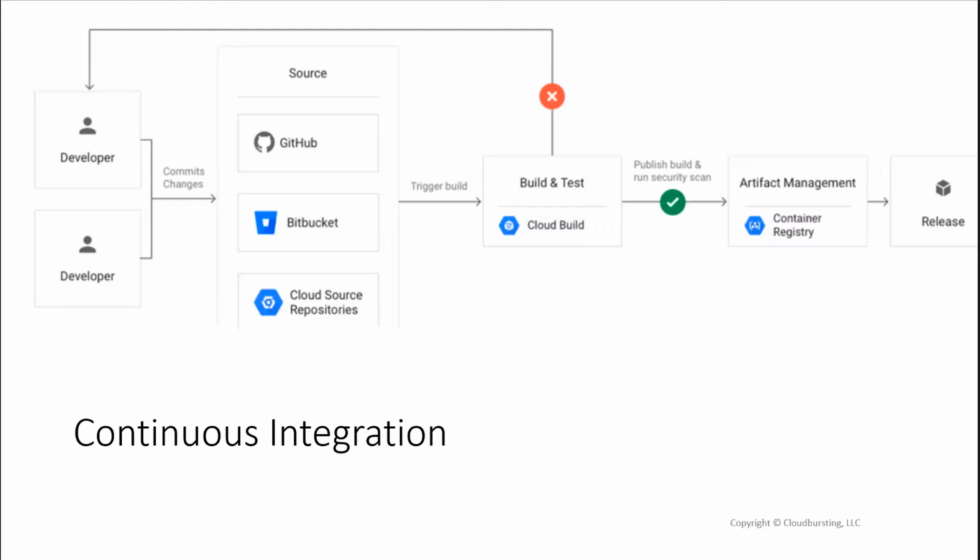So if we want to use an on-prem solution that we're already using, such as perhaps Jenkins, we could, of course, tie that in. If we're using Puppet, we could tie that in if we want. If we don't want to use Cloud Source Repositories and just use our current Bitbucket, we can do that as well. So we have a lot of flexibility in how we deploy our services.